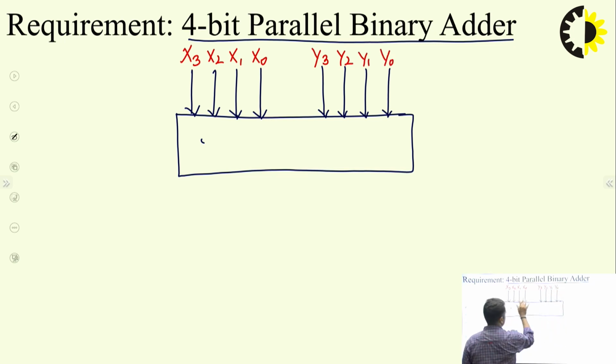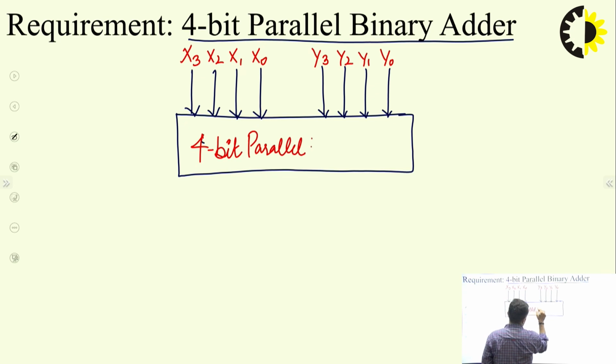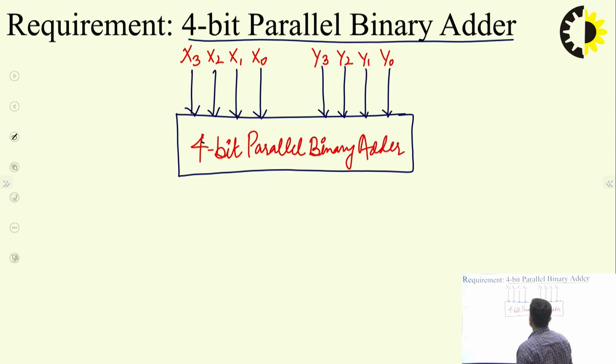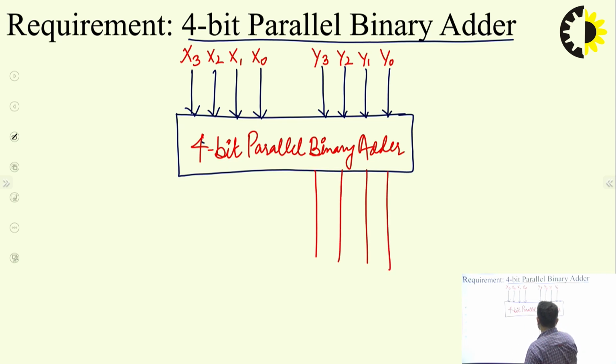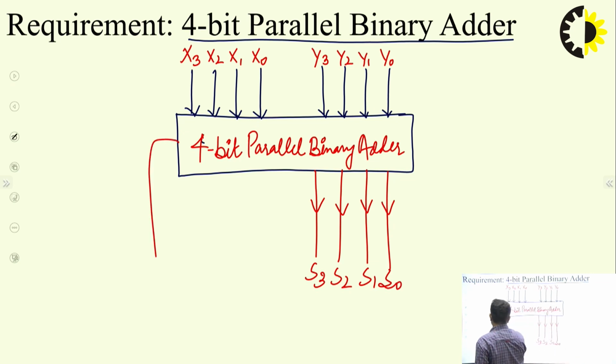Okay. These 4 bits of X and Y are to be added using a 4-bit parallel binary adder. The 4-bit parallel binary adder will produce the 4-bit sum, which can be denoted as S3, S2, S1 and S0, and a final carry.